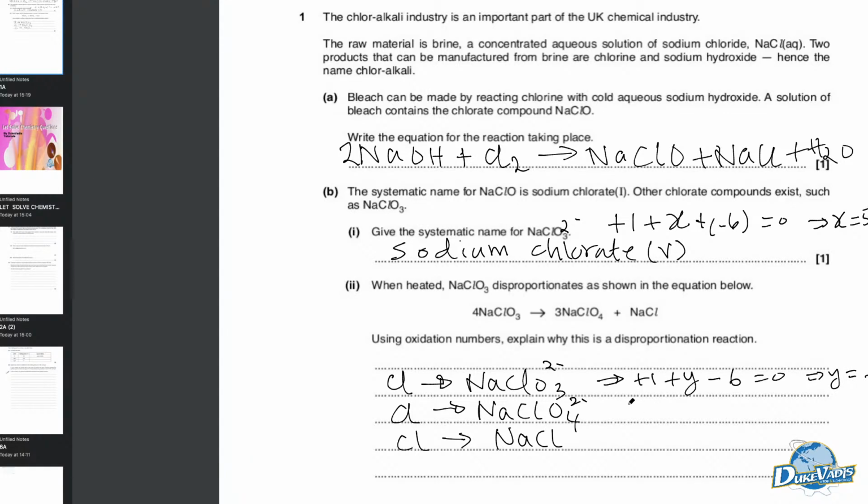In the same way, here sodium is always +1. Let me put a bracket, that will make it nice. Plus Y over here, and oxygen gives -8, equals 0, implying that Y is equal to +7. And here, we have sodium to be +1 again, plus unknown chlorine, which is equal to 0. This implies that Y is equal to -1. Fantastic.